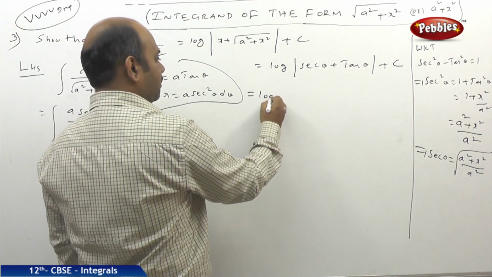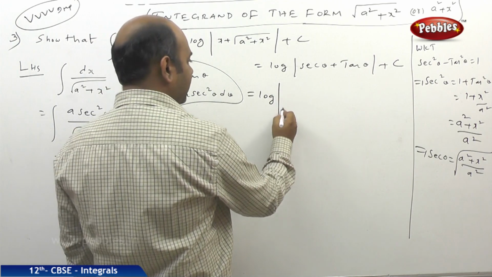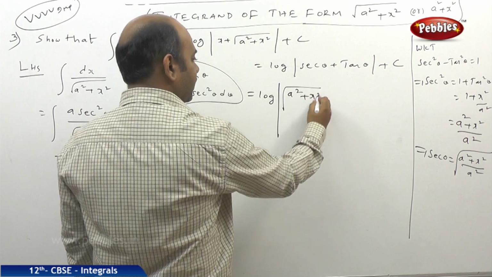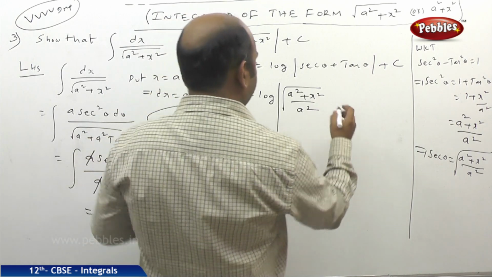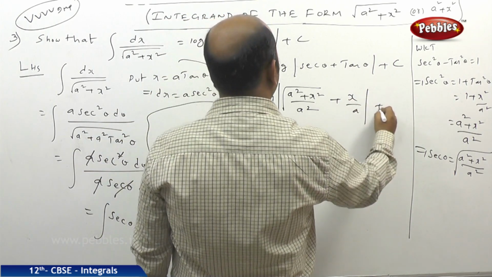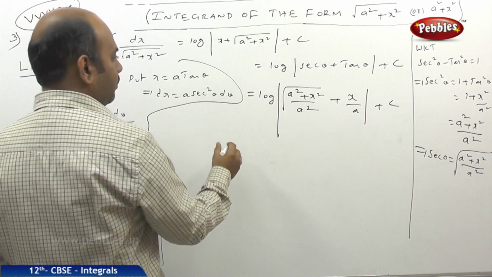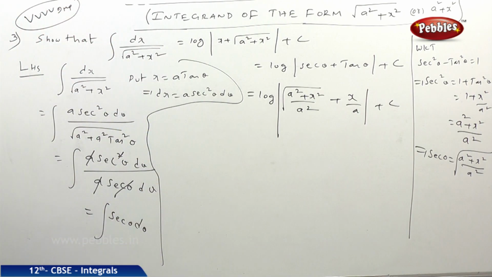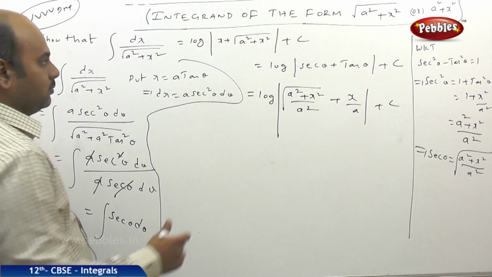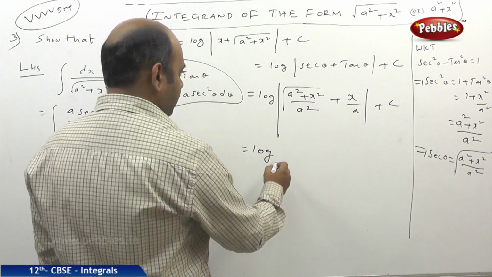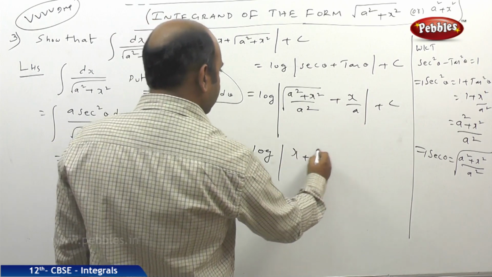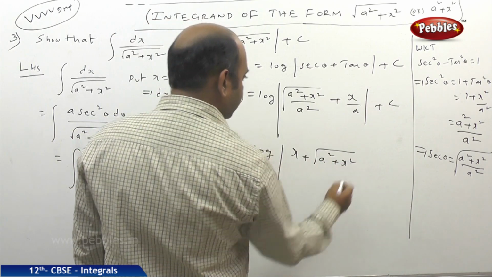So what happens, that is equal to log mod, in place of secant theta I can write under root of a square plus x square by a, and in place of tan theta I can write x by a, and here there remains c. So finally that is equal to log mod x plus under root of a square plus x square by a plus c.